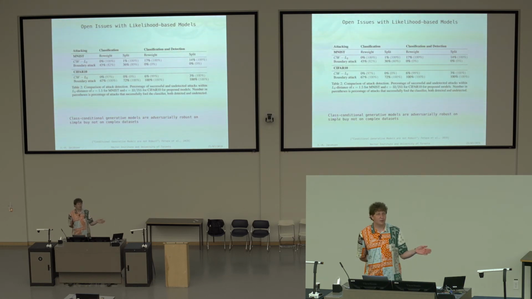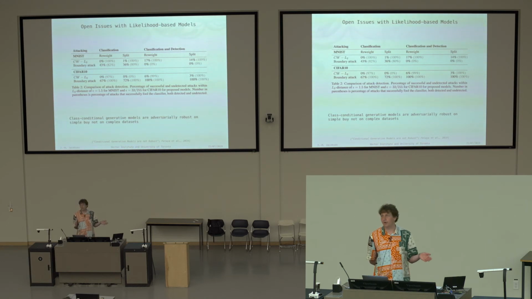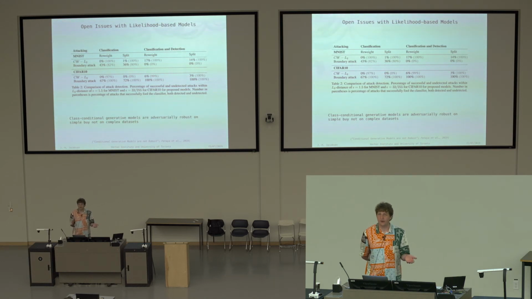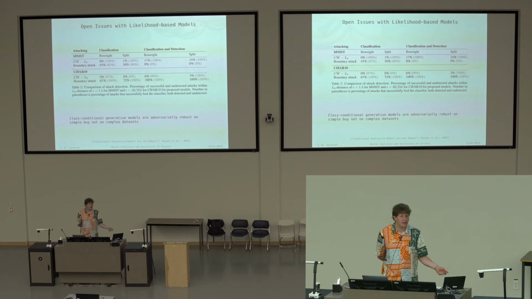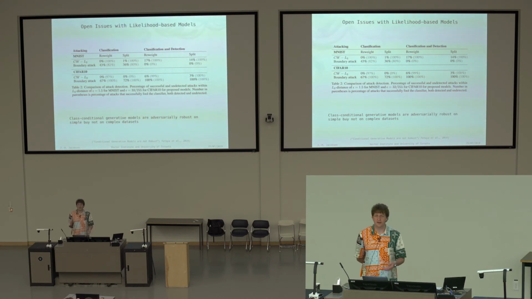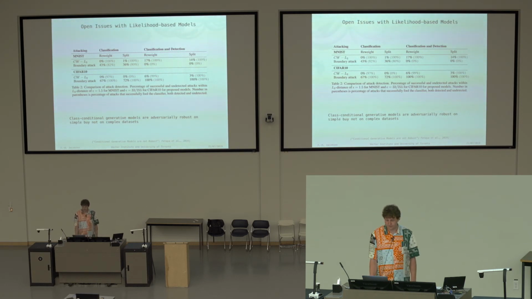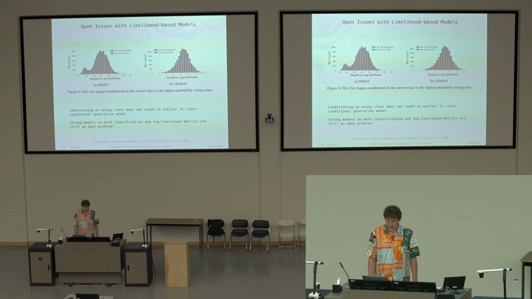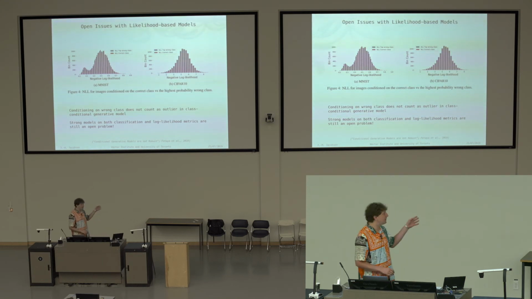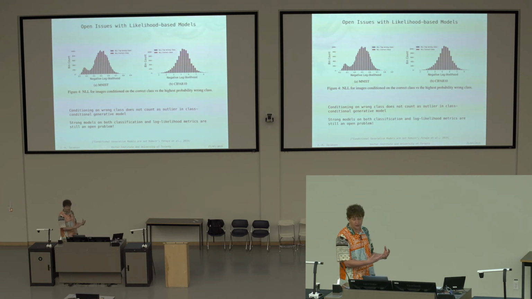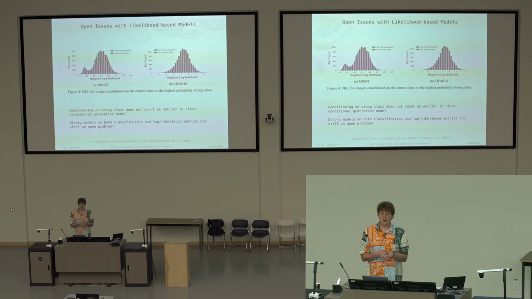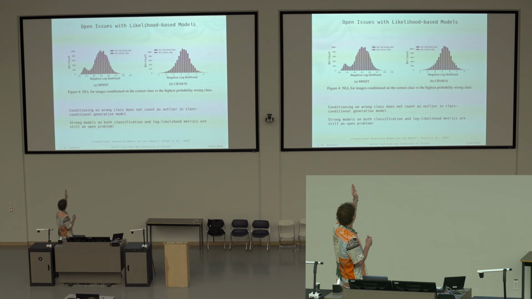I said that there were some results where VAEs are actually the state of the art in adversarial robustness on MNIST. However, if you go to more complicated data sets, like CIFAR-10, then that breaks down completely, and these class-conditional generative models are not robust at all anymore. Here you can also see something else, where we train a class-conditional generative flow and condition on the wrong class. You see two histograms.